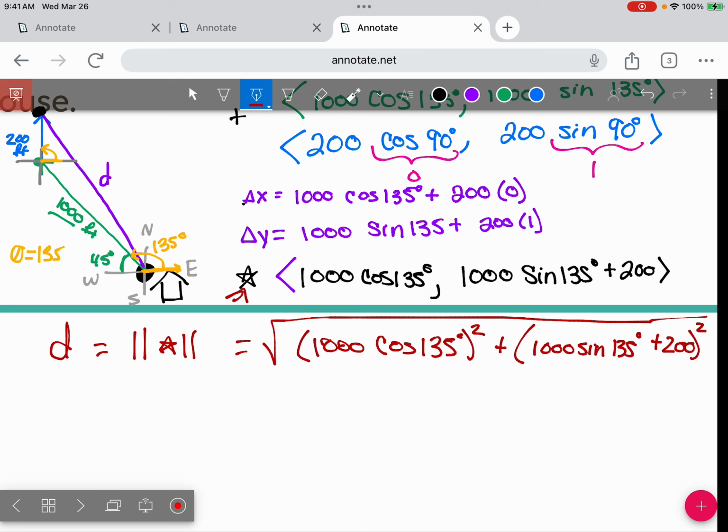We're going to type this whole thing into the calculator. You can do it all in one go. You can do it in a couple of bits, but we're going to get to the whole thing to figure out this distance. So type the whole thing in.